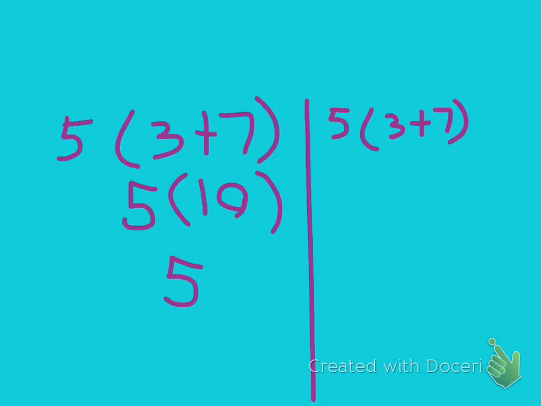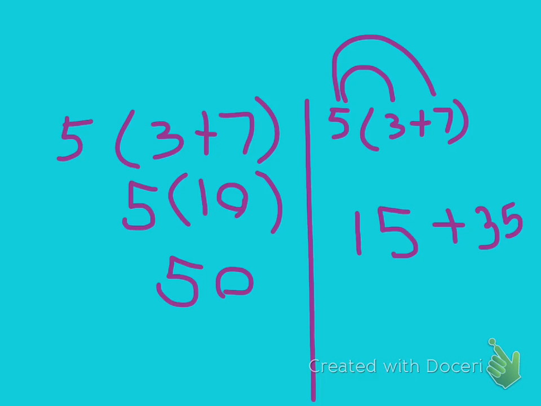But I can also take 5 times 3, which is 15, and add it to 5 times 7, which is 35, which is also 50. We better get the same answer if it's still a legal operation.